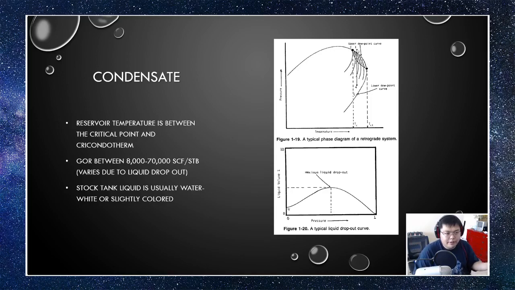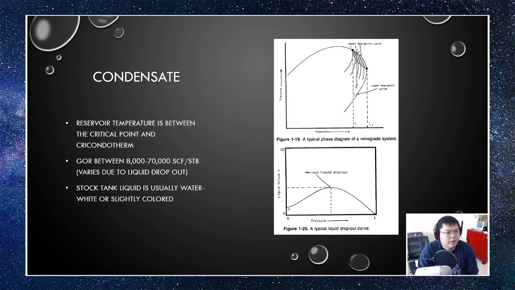We know that the critical point is sort of the highest pressure at the highest temperature, and vice versa. However, the cricondotherm is sort of the highest temperature in the reservoir.